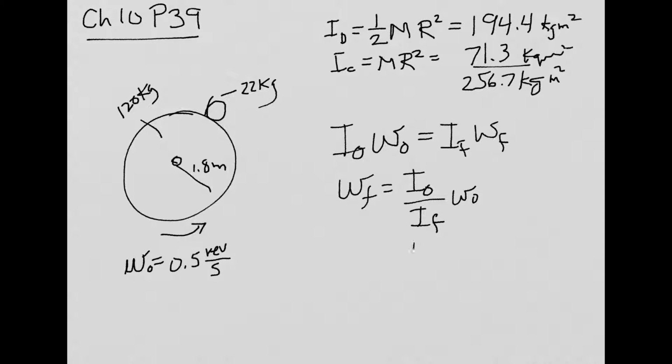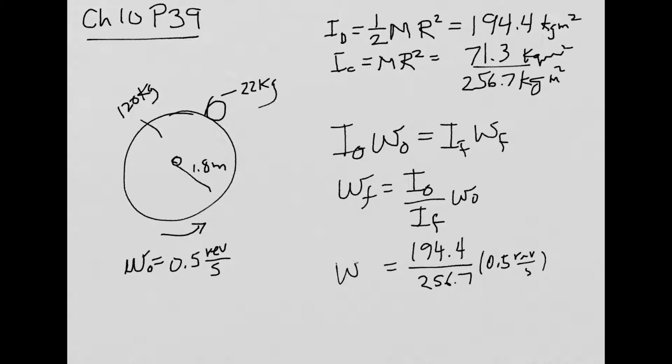I0 is 194.4 and IF is 256.7. So we expect the final velocity to be less, and the initial velocity is 0.5 revolutions per second.